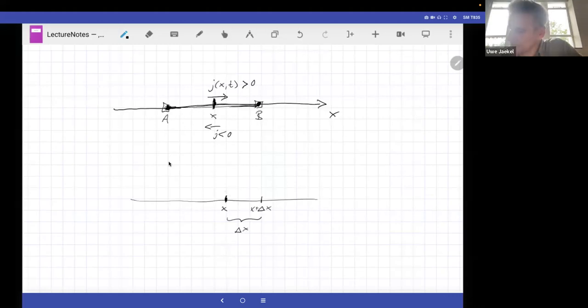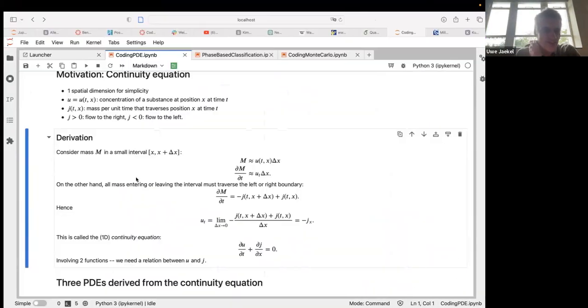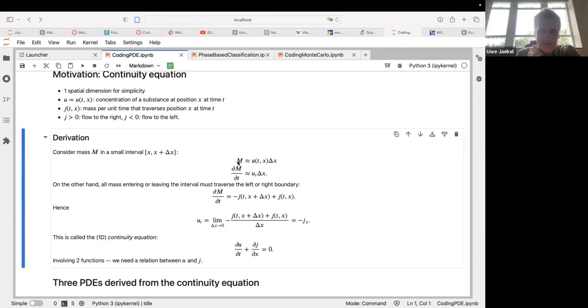And now we consider the change of mass only in this subinterval. Let's say m is the mass in this interval. If delta x is small, this will just be the concentration times the length, and concentration means mass per length, because we are now in a one-dimensional world.